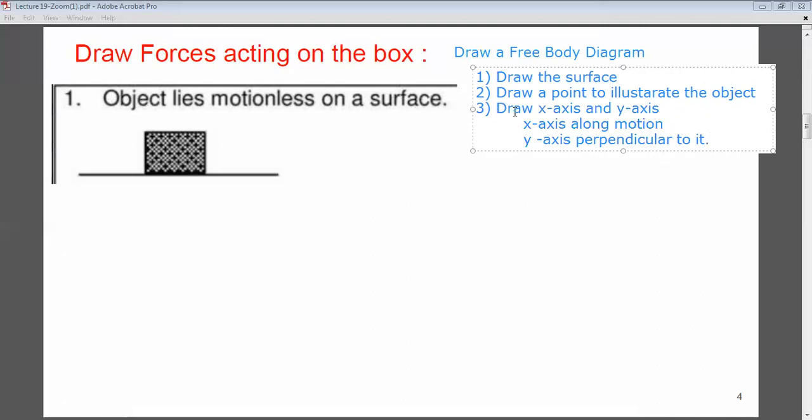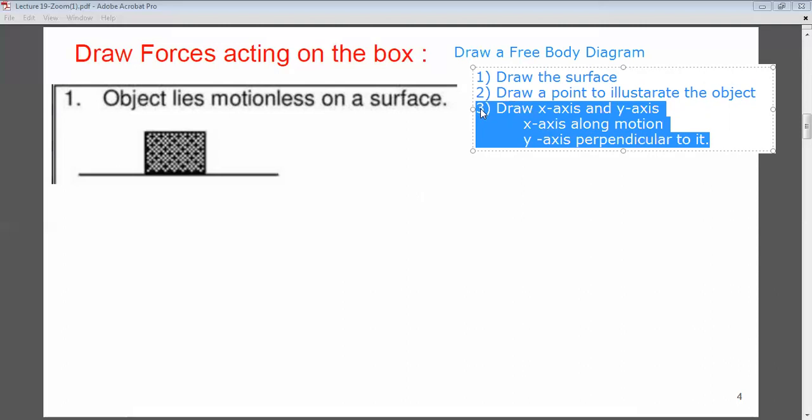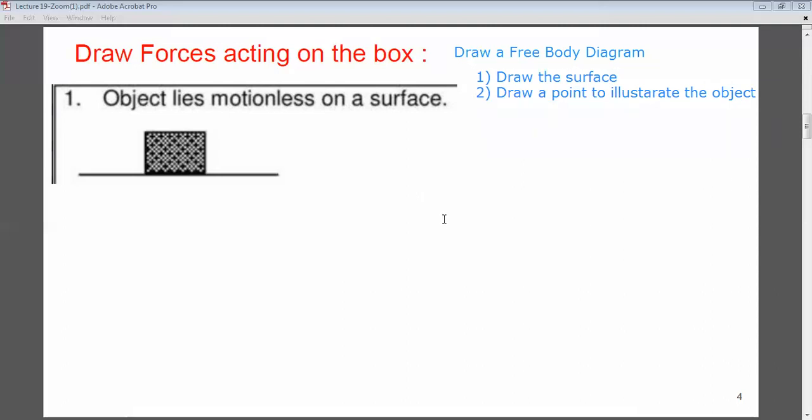Okay, this part 3 will prove important later when we discuss Newton's second law. For now we will just draw the surface and draw a point to illustrate the object, but this number 3, keep it in mind because we will get back to it later.